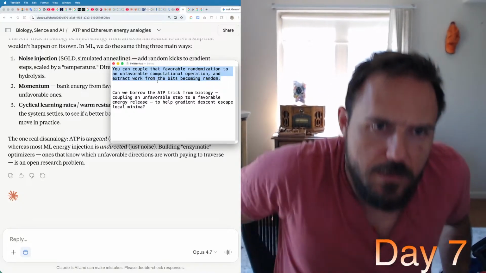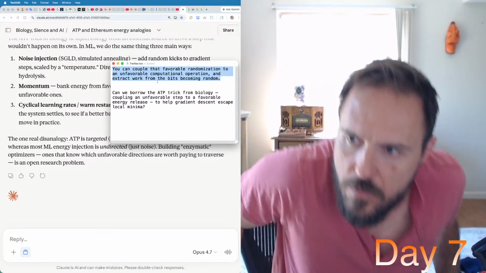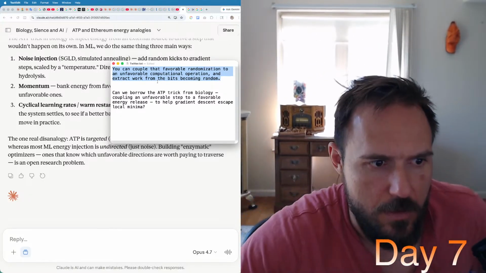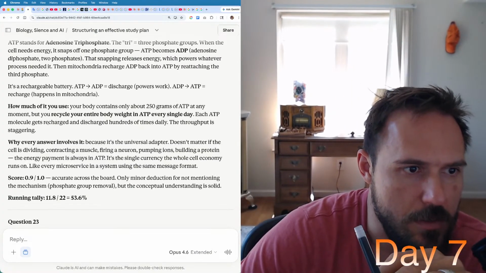Is that the way an atomic clock works? Probably not. I think we should go back to biology, but I love this.